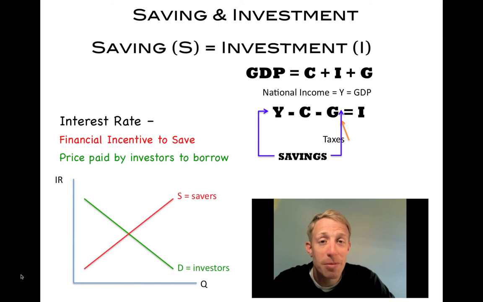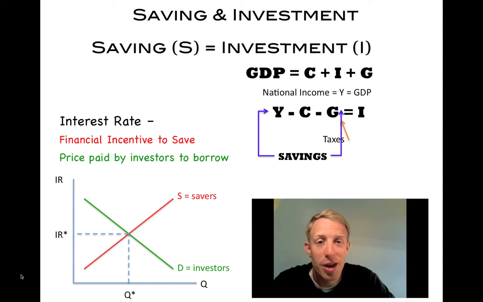So when you put money in your bank account, when you put it in a checking account or a savings account, when you buy bonds, you're really saving. And the investors are the people who take that money and grow businesses with it. Where the two lines intersect, we find the equilibrium quantity and the equilibrium price. But in this market, the price is called the interest rate.